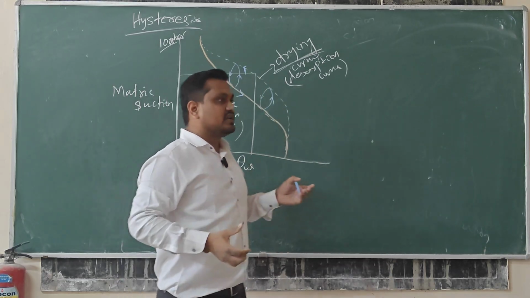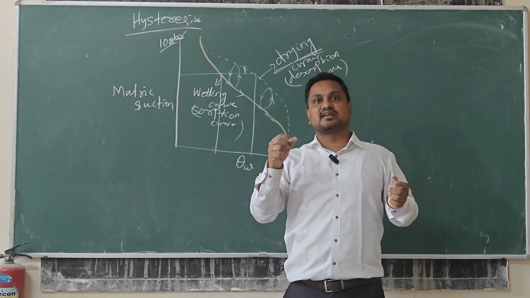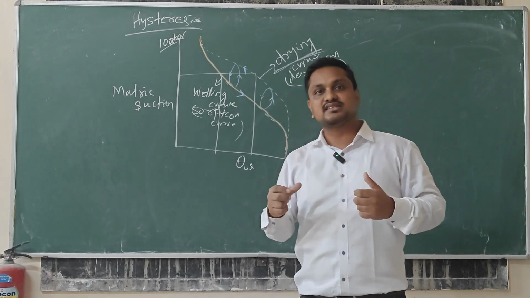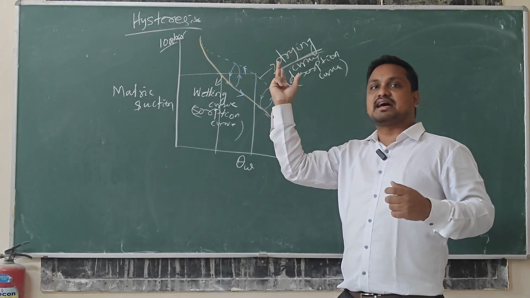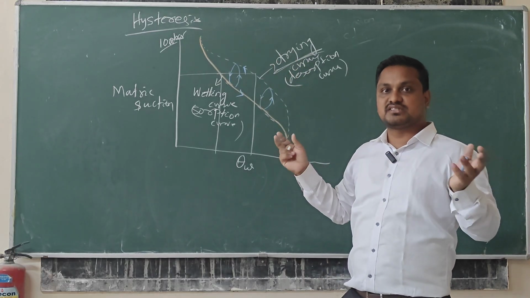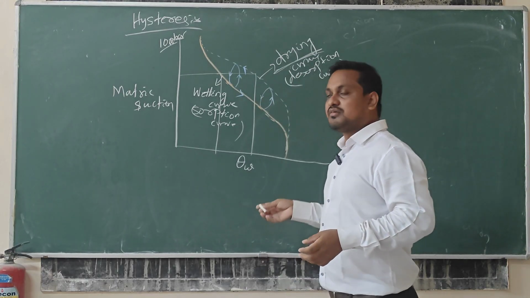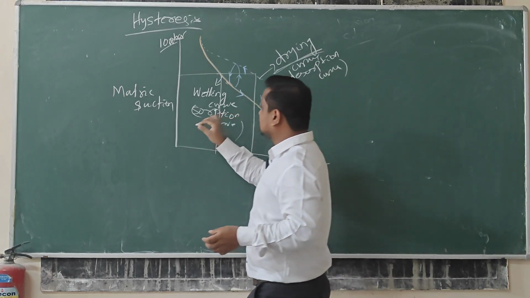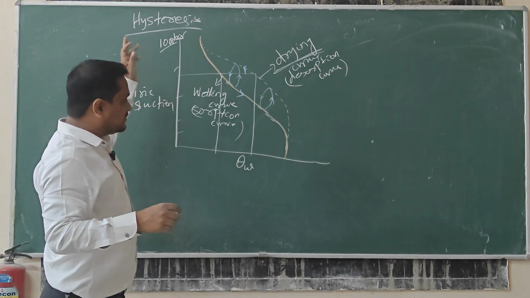Earlier some pores were filled, so the water content will be different when wetted soil dries through evaporation, a natural process. We do this in the laboratory by oven drying. Here you can assign different potential values.